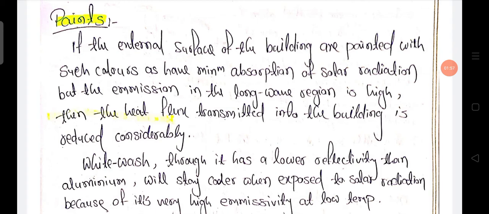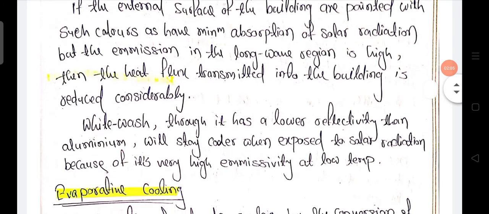So if we whitewash our building, though whitewash has a lower reflectivity than aluminum, that means shining aluminum has more reflective capacity than whitewash, it will stay cool when exposed to solar radiation because it is highly emissive at low temperature.